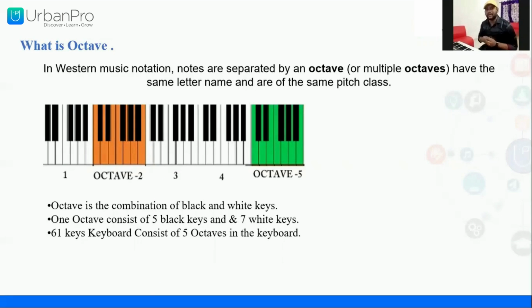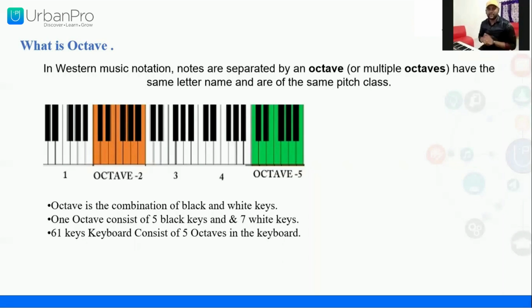So an octave is the combination of black and white keys. If you see clearly, the first one is the first octave, the second, highlighted in orange, is octave number 2, the third, in white, is the third octave, the fourth is the fourth octave, and the last greenish one is the fifth octave.